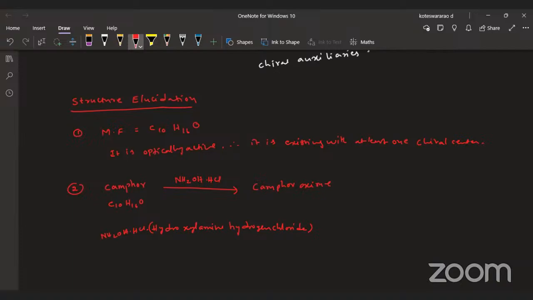Suppose you take any compound that exists as an aldehyde or ketone. These are known as carbonyl compounds.